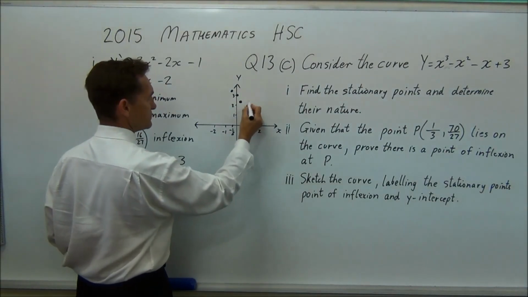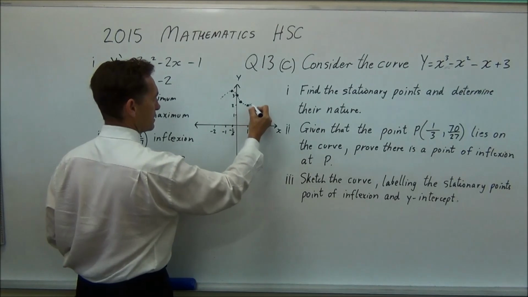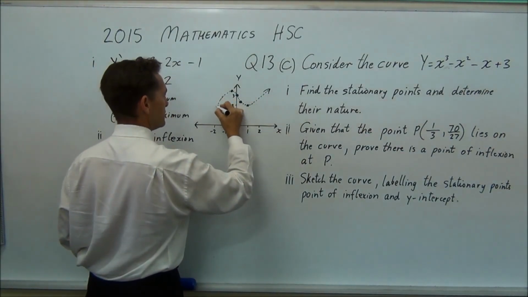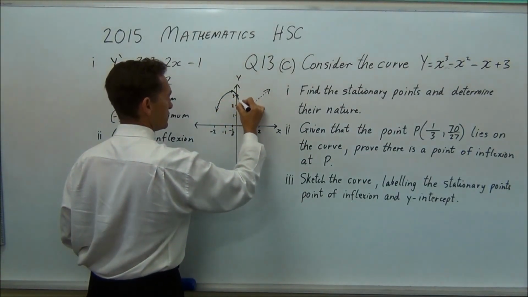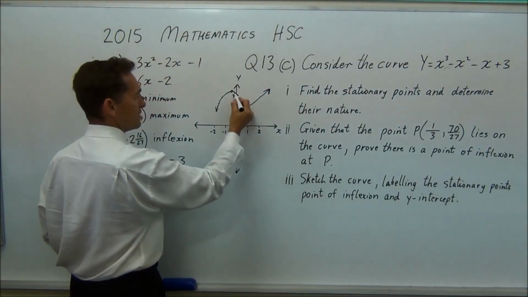And you can see how the curve's going, it's like that. So that's how your curve is going to look, and you should draw it with a proper line, like that. And then mark these points.